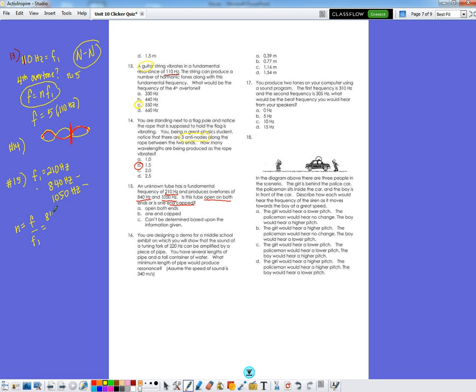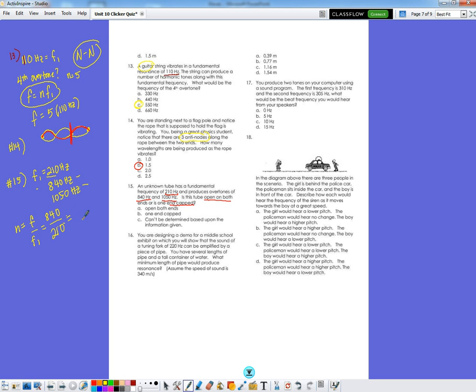So let's start with 840 divided by 1050 Hz. No, sorry. The fundamental is not 1050. The fundamental is 210.